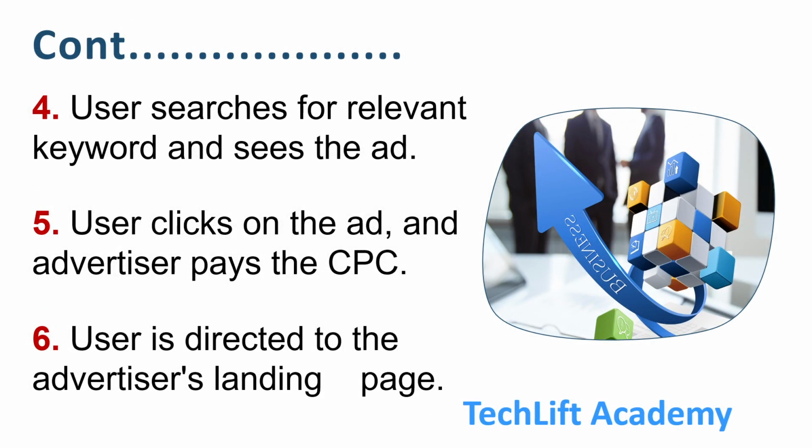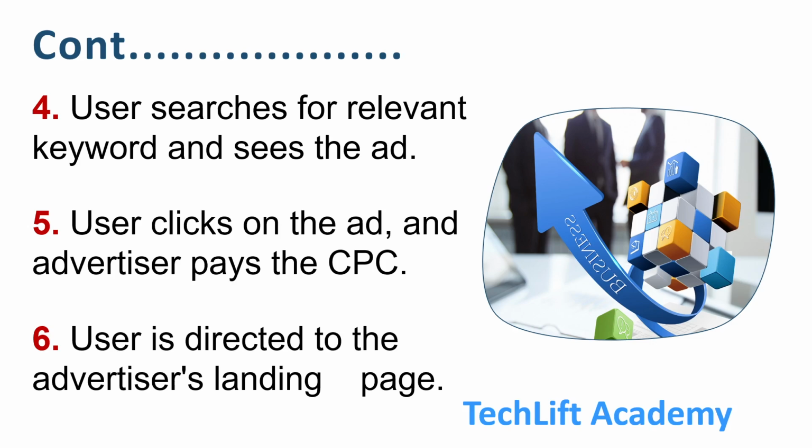Then after that, you look for user searches for relevant keywords and see the ad. So your users now, the people that you have targeted over time, the people that you want to know about your product, now go and search for it. Let me say you're advertising Microsoft Excel.